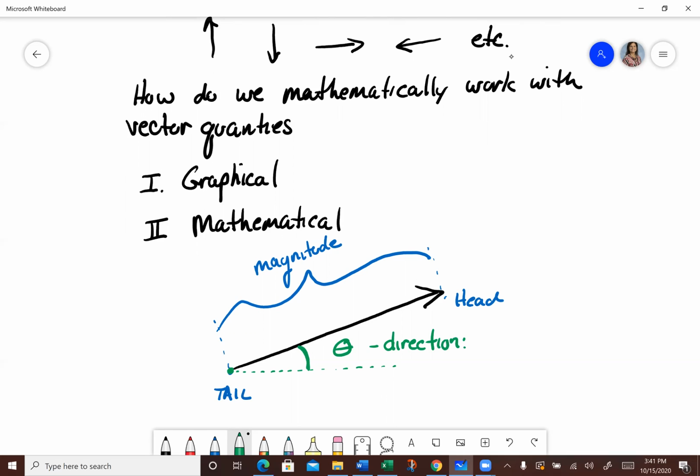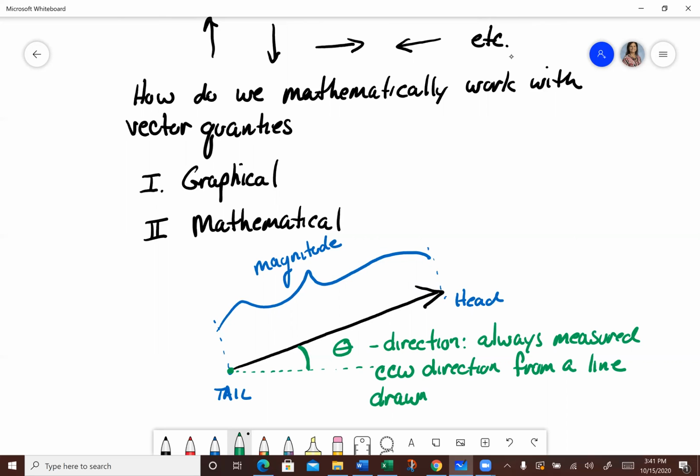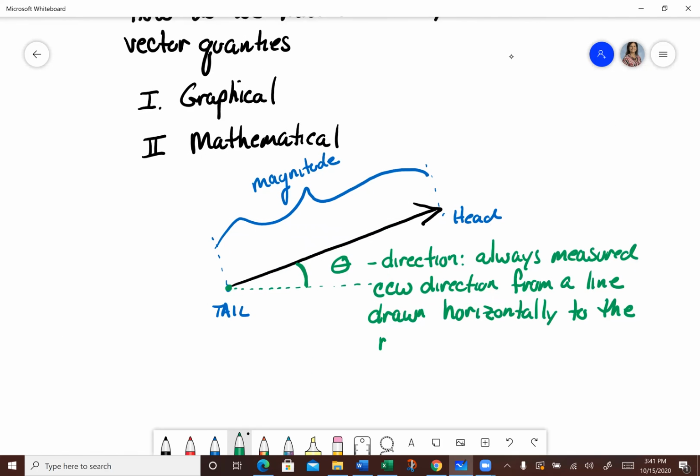And again, theta is always measured in a counterclockwise direction from a line drawn horizontally from the tail, to the right of the tail.